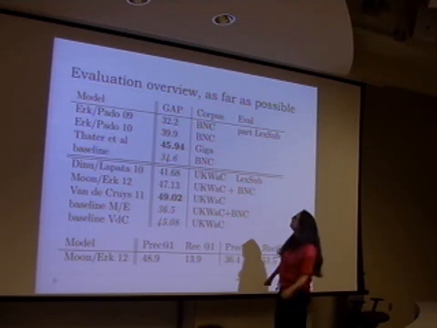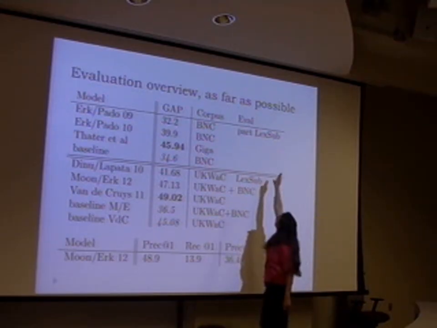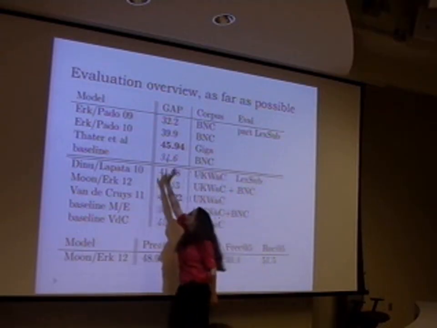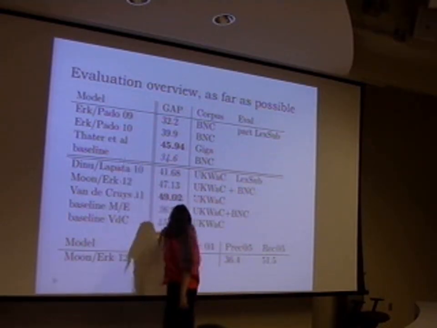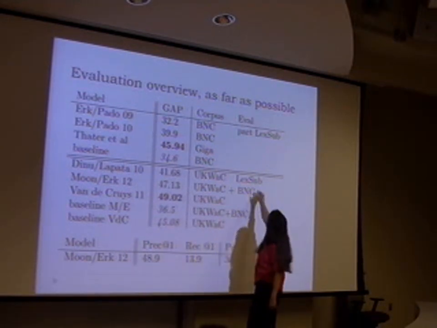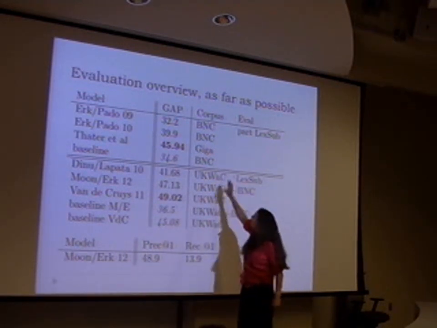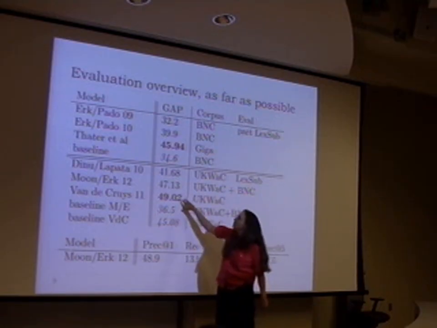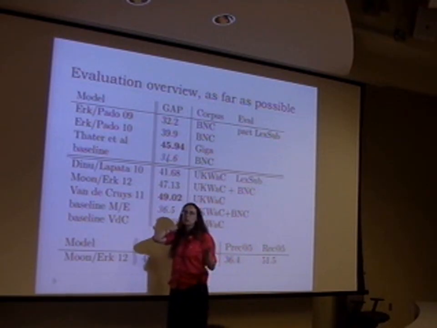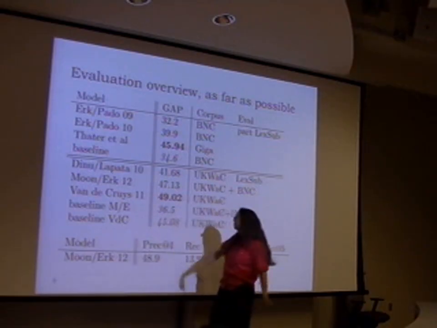But anyway, on part of this paraphrasing data set, the Thater et al. syntactic method got the best GAP, and if you use the whole paraphrasing data set and UK WAC as corpus, then the Van de Cruys topic modeling like approach got the best results.